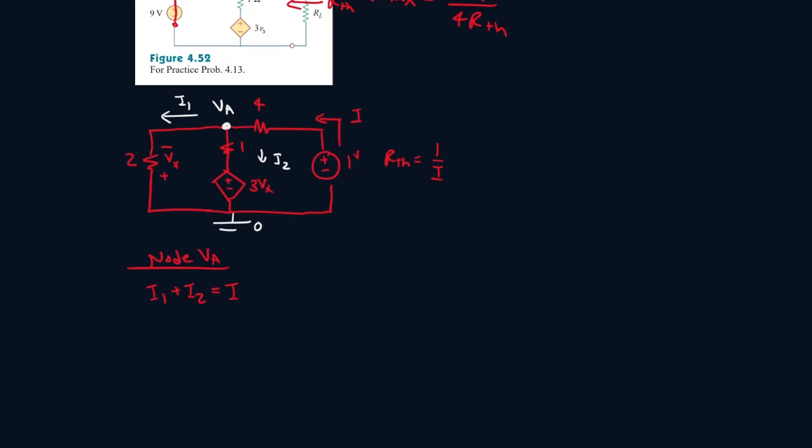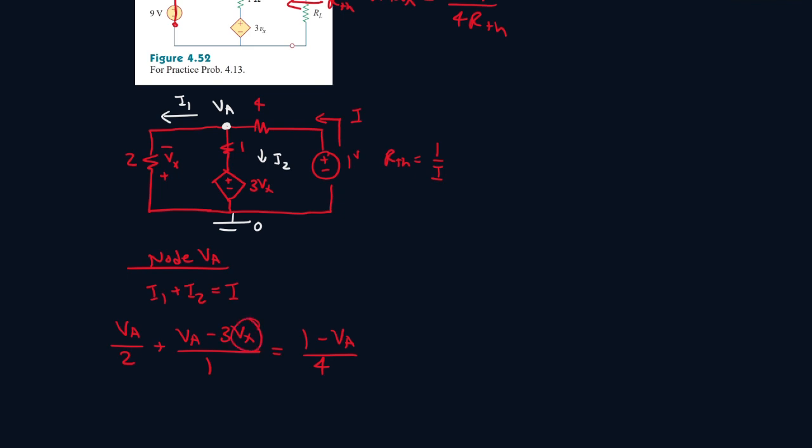So I1 is VA minus 0 all over 2, plus I2, it's VA minus 3Vx all over 1 equals I, which will be 1 minus VA all over 4.